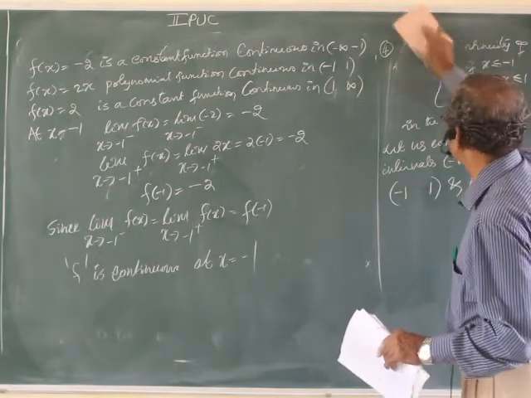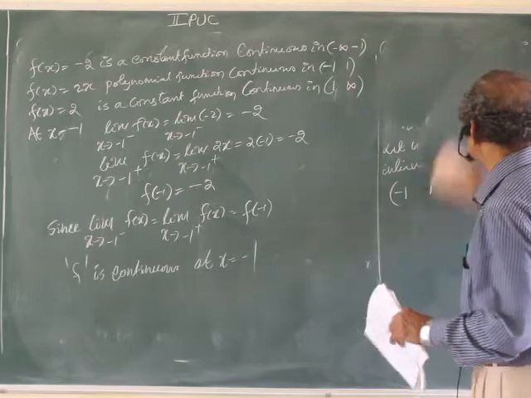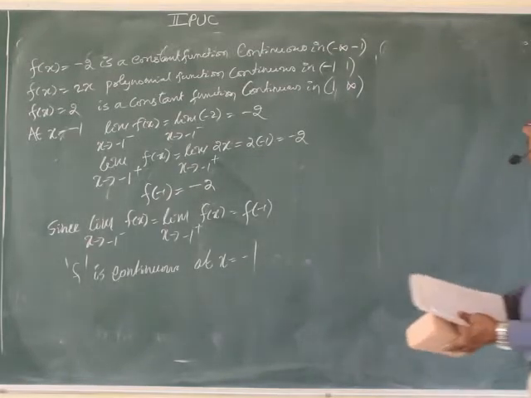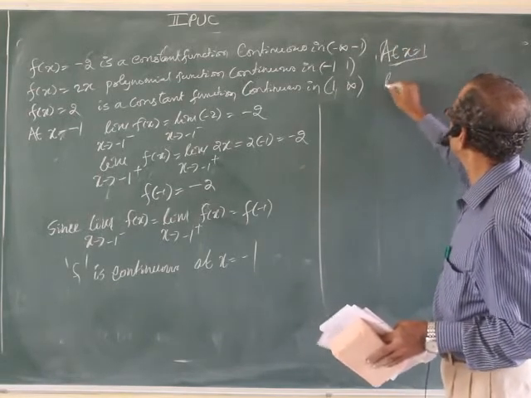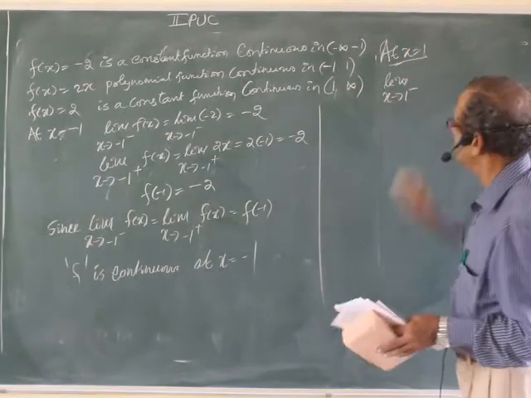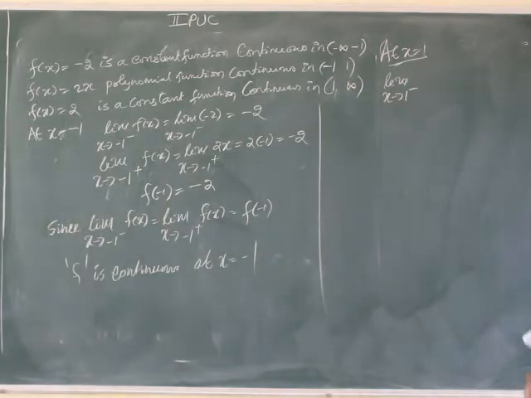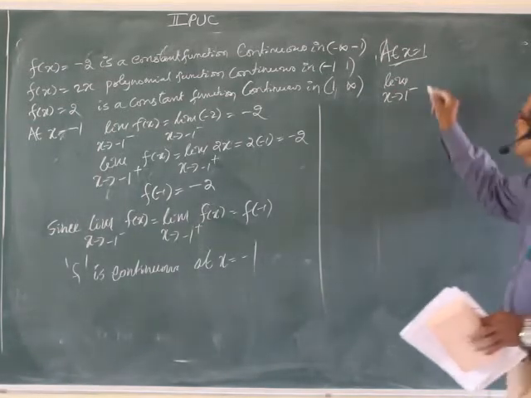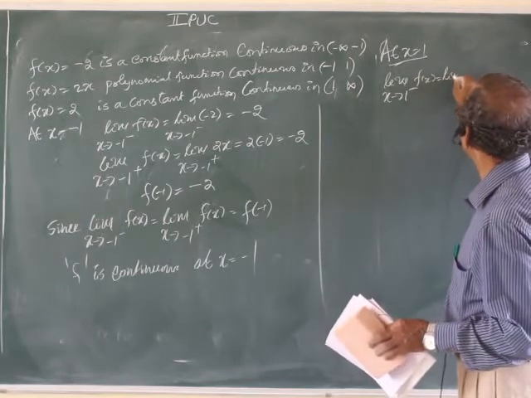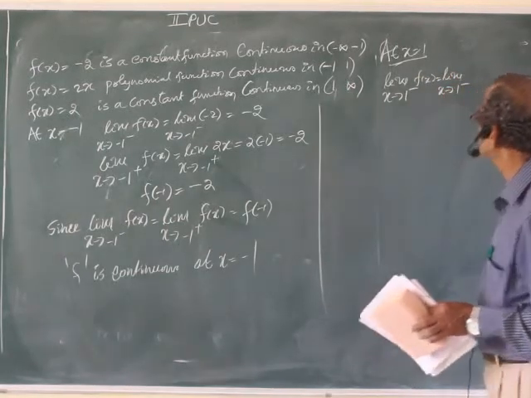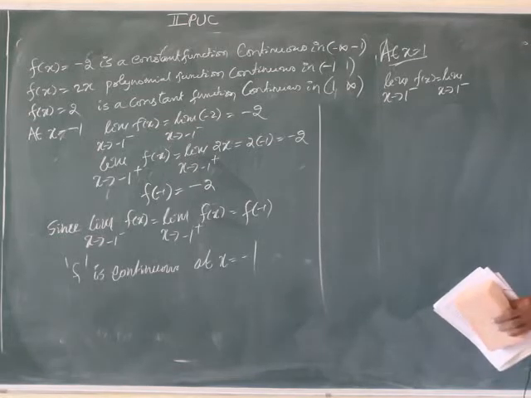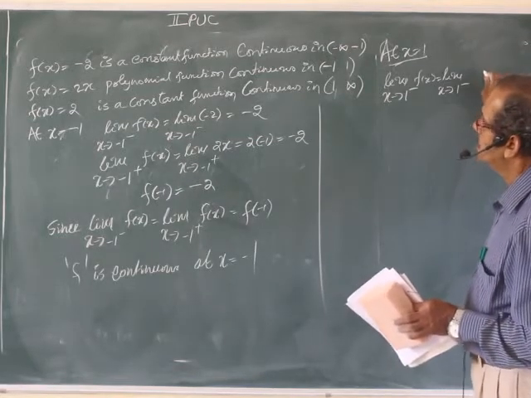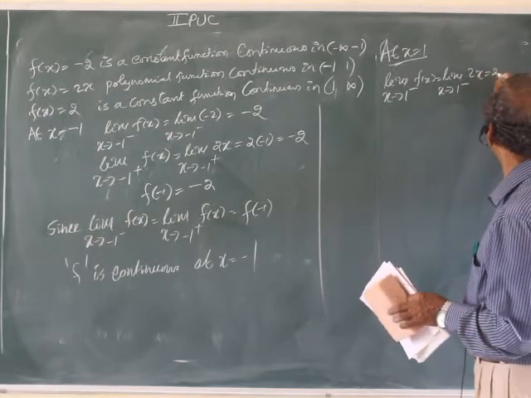Next, one more thing is there. At 1 you have to see. At x equal to 1, limit x tending to 1 minus f of x, x less than 1, 2x, 2 into 1, 2.